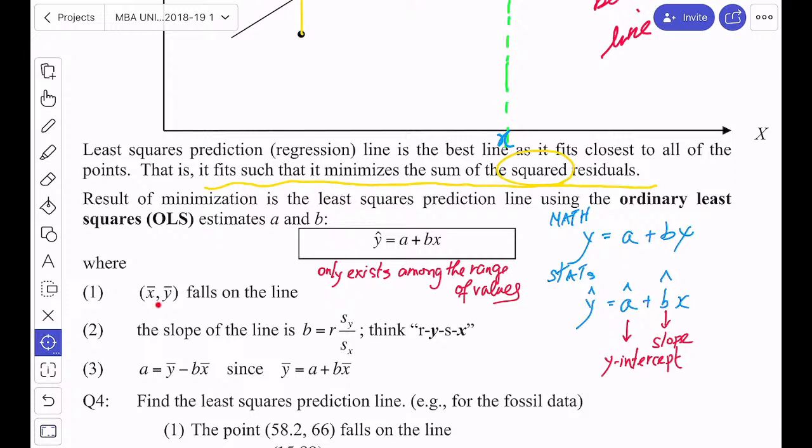In the x direction, x bar is the value that's closest to all the other points, that's the whole idea of the center of gravity. And in the vertical direction, y bar is the value that's closest to all the points, again as the center of gravity. So this point has to fall on the line.